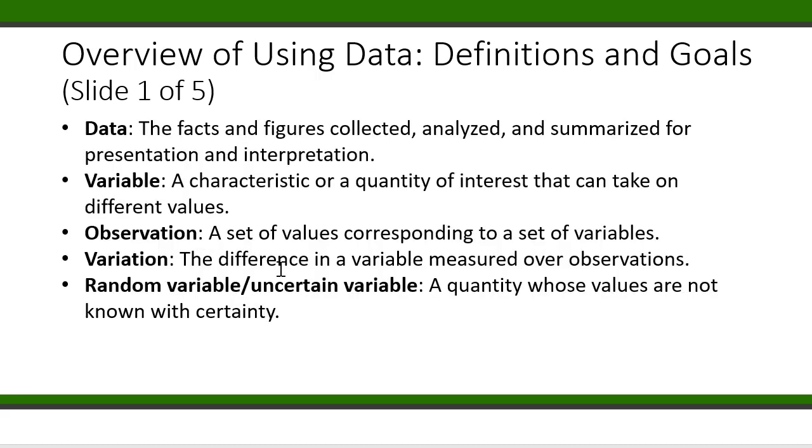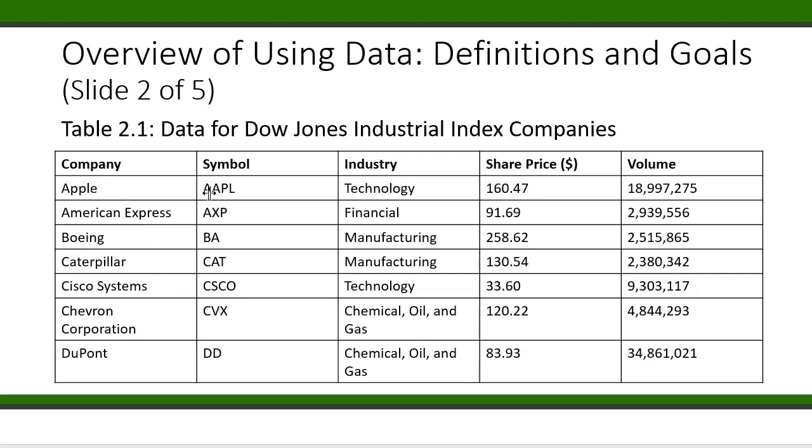Then we can have variation, that is the difference in a variable measured over observations. Now it depends, is it going to be the same thing that's measured or a different thing that's measured? In our example here, it's going to be different. It's a different company that has different share prices here.